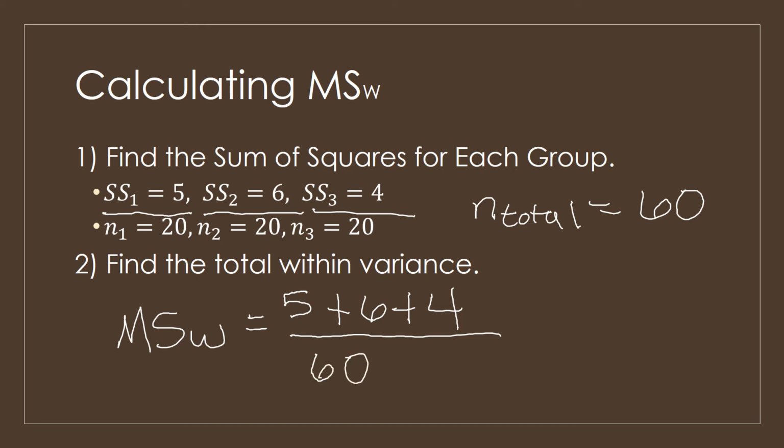And then, I don't know if you remember this, but when we do degrees of freedom, the amount that you subtract off is based on how many sample means you had to estimate. For each sum of squares, we had to find an average for each group.